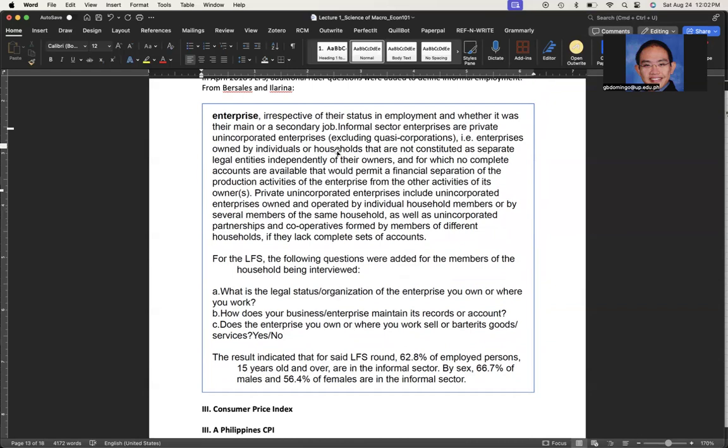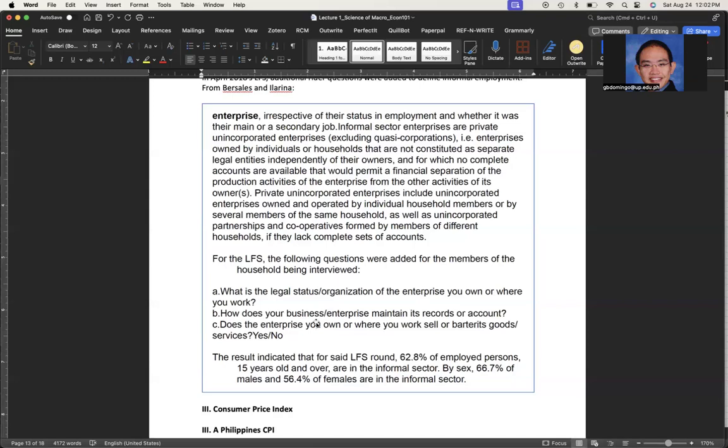These are the kinds of businesses that you're imagining these people to belong to, and 62.8% of employed persons have indicated that they are informal based on these definitions of the informal sector enterprise.